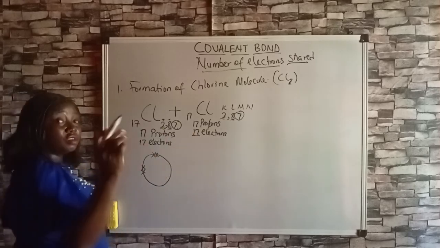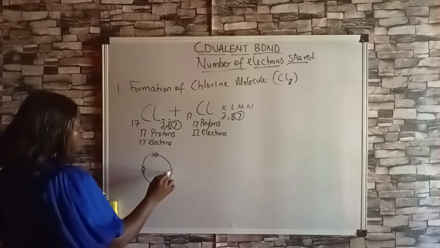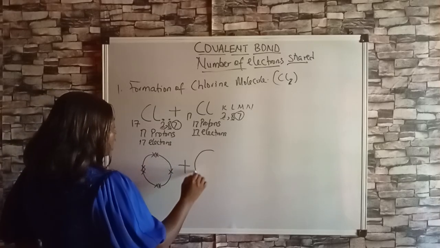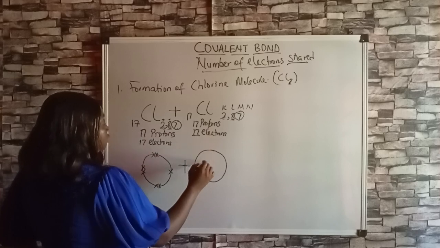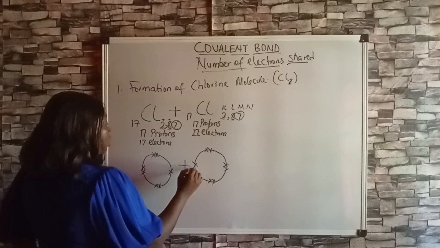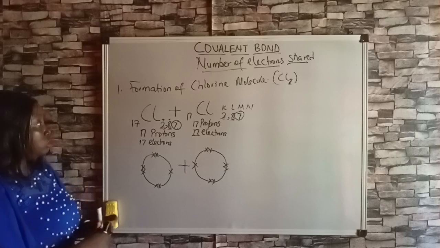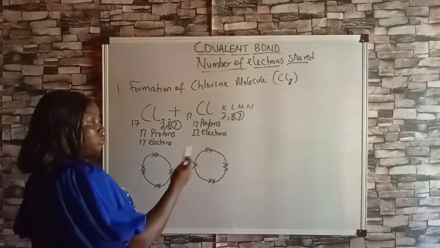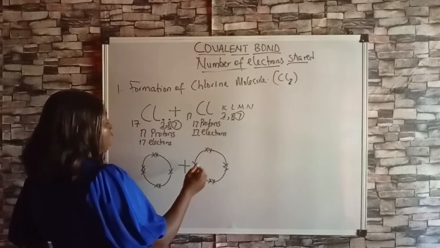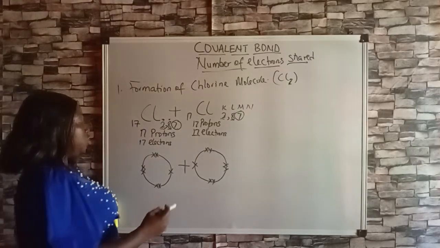So we'll have 7 electrons for this chlorine atom and 7 electrons in the outermost shell of this other chlorine atom. Now, each of these chlorine atoms, the outermost shell, what we call the valence shell, needs only 1 electron to reach the octet configuration. So what do they do?